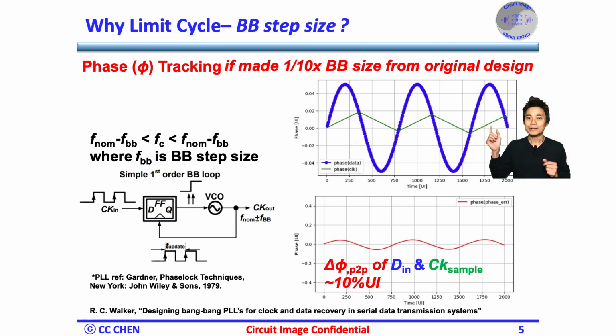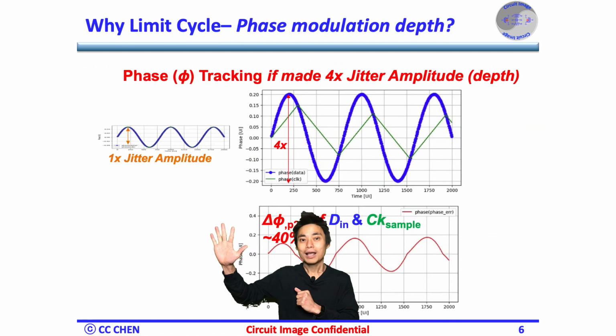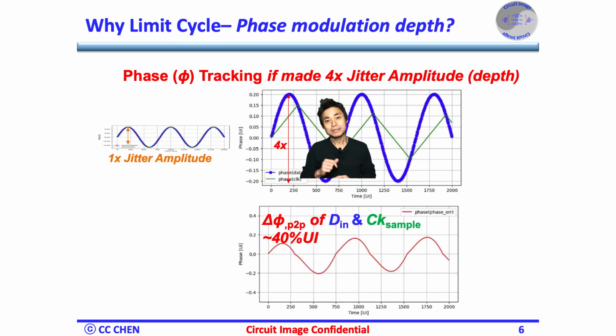What else of the input phase can cause the slew rate limit? Think about the slope images for 5 seconds. Right, the opposite image of the little bang-bang step size of the bang-bang CDR is that the input phase step could be too much. If the amplitude of the input phase movement is too big, the CDR will be slew rate limited as well.